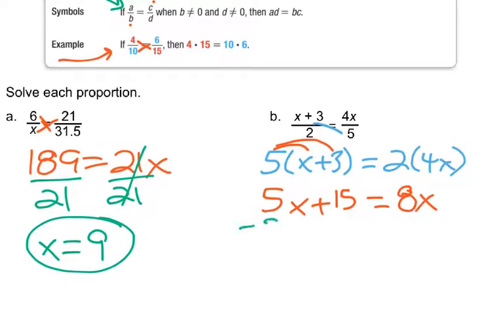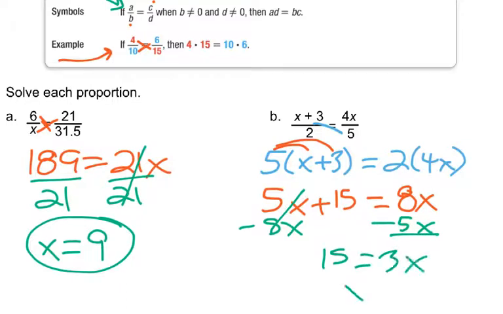And now we would subtract the 5x over, which gives you 15 is equal to 3x. So x must be 5 when you divide both sides by 3. Okay? So again, cross multiply. That is what we're doing here. And just don't forget to put the parentheses here so that you get reminded to distribute that 5.